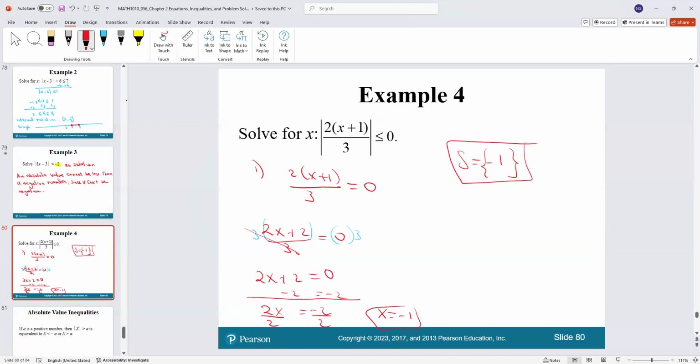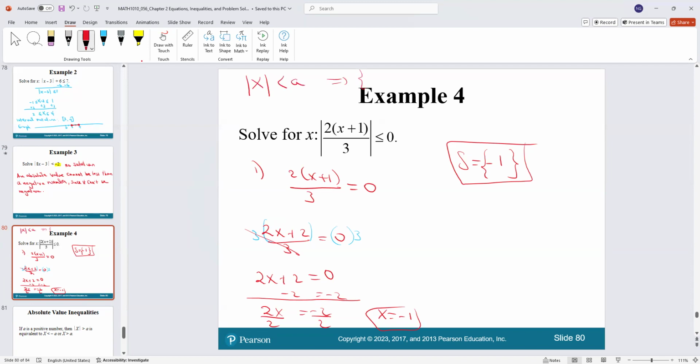So far, when the absolute value of x is less than a, we have two solutions: x is greater than negative a and x is less than a.